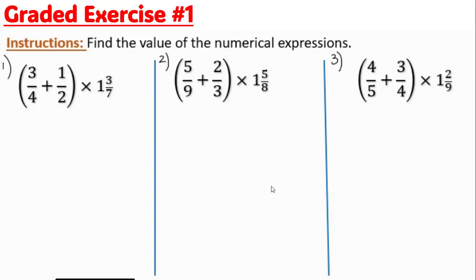All right. Okay, let's go ahead and answer these questions. Joel, tell me what we're going to do to get our first answer. 1 times 7, times the whole number, times the denominator, 7 plus 3. Wait, let's do this.